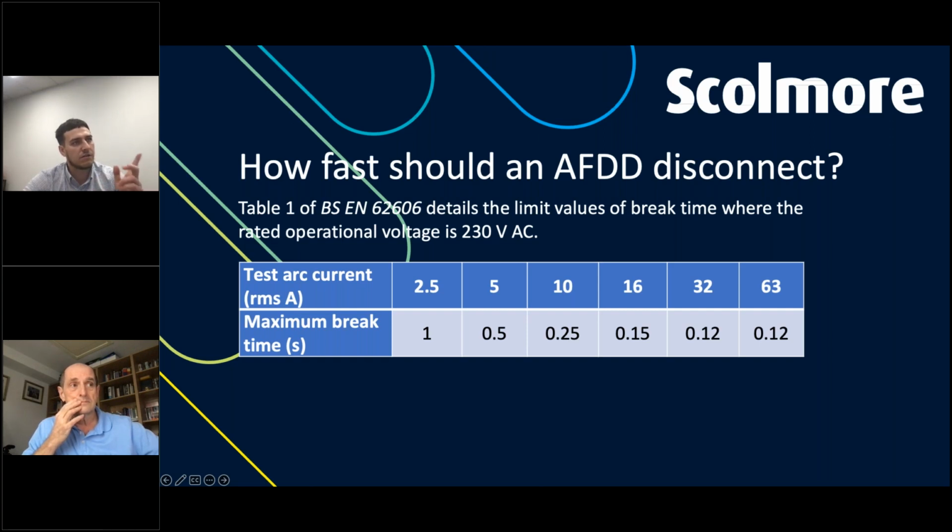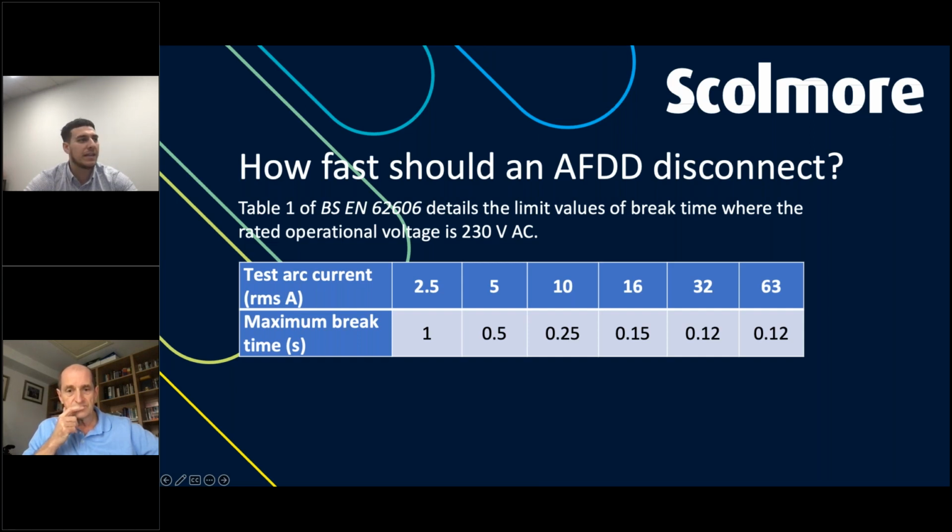However, this particular chart on the screen is talking about how fast an AFD should disconnect when it comes to current. We've mentioned the other two parameters. This is the third one, how much current is needed for the last parameter to be seen. On the top we've got 2.5 amps right up to 63 amps.